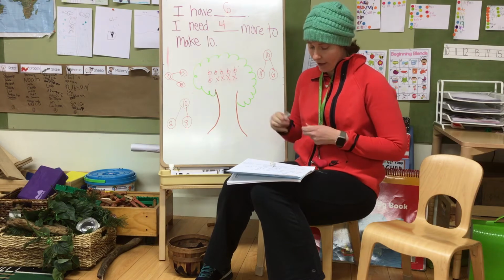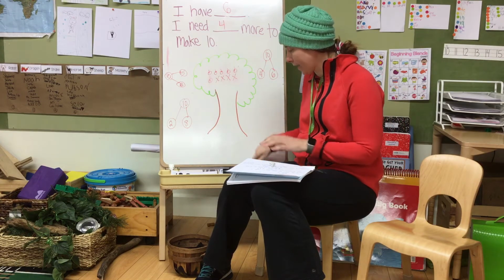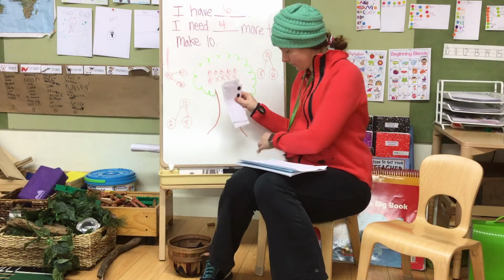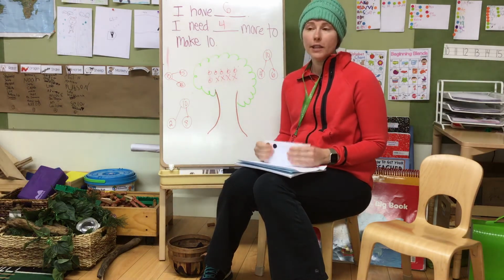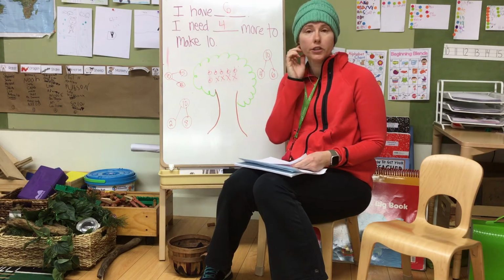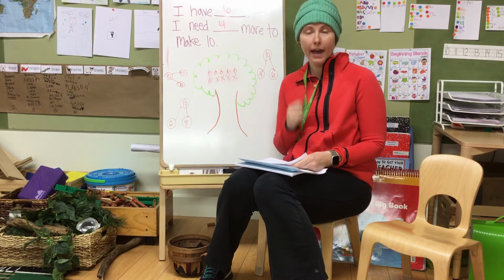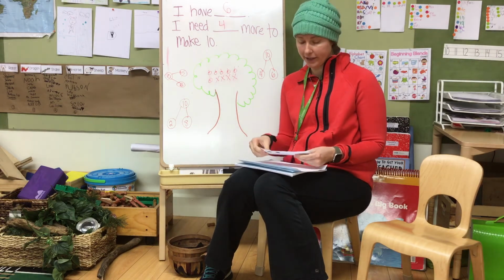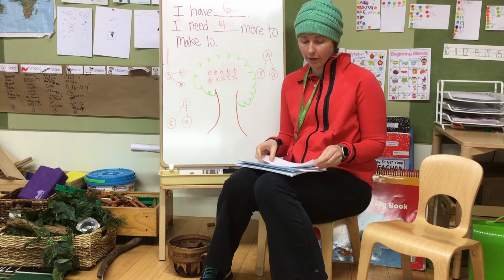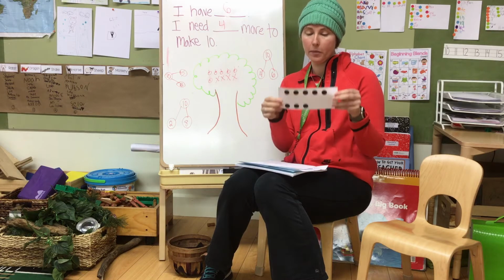Great. Now let's review the same concept with our flashcards. So if I hold up a flashcard, there's always 2 dots. And now I want you to imagine there's 10. So how many more dots are needed to make 10? So let's start with a bigger number. That will be easier.